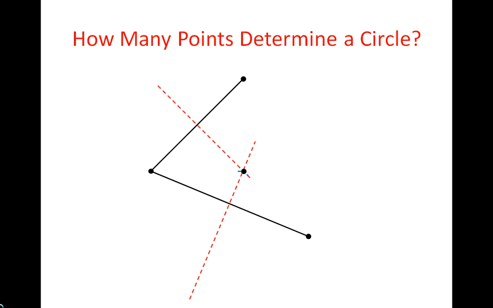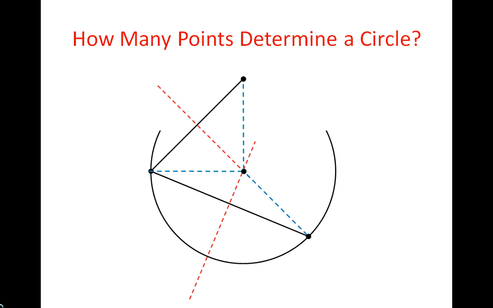So this point is equidistant from the endpoints of that segment and the endpoints of the other segment. So those 3 blue lines there are equal, and we can use the length of each as the radius of a circle, and it will pass through those 3 points. And by the way, this circle is called the circumcircle of that triangle, and there's the radius.